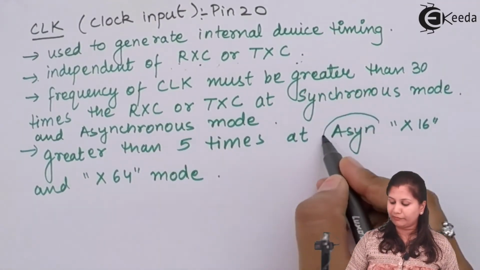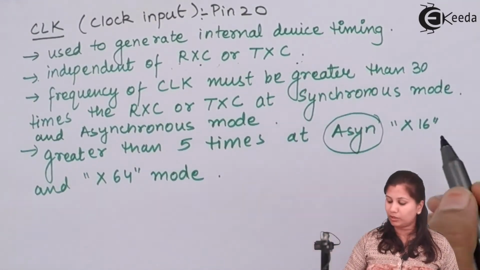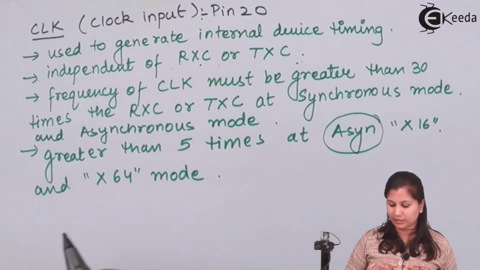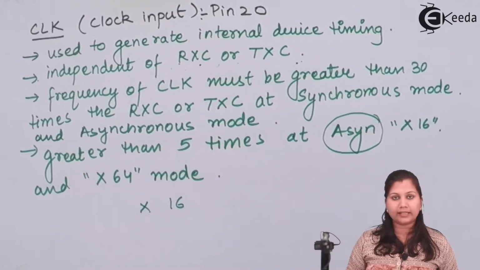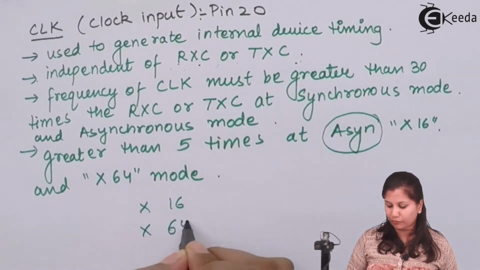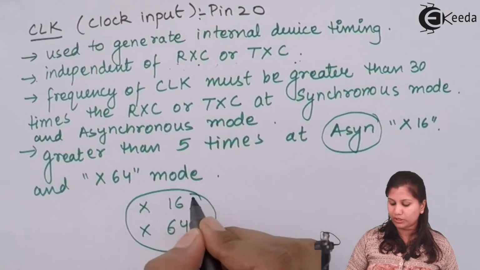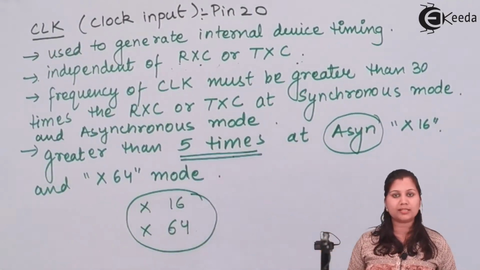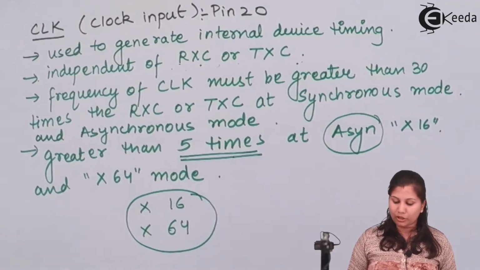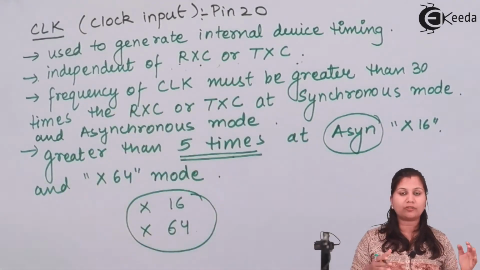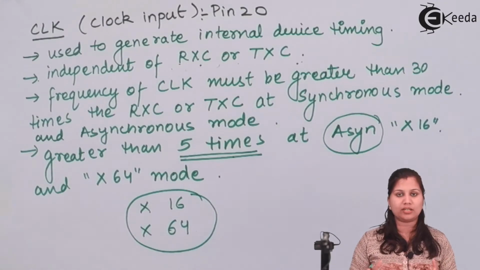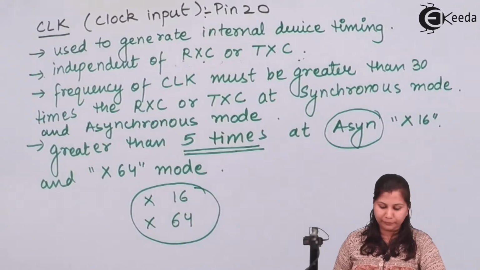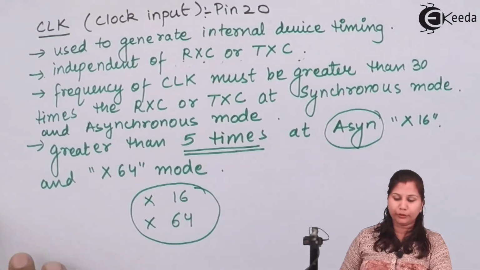When the 8251 is working in asynchronous mode, in the x16 and x64 modes, the clock frequency should be greater than 5 times this frequency. Okay, so this is the specification of the frequency range in the 8251. So this was the clock input available at pin number 20.